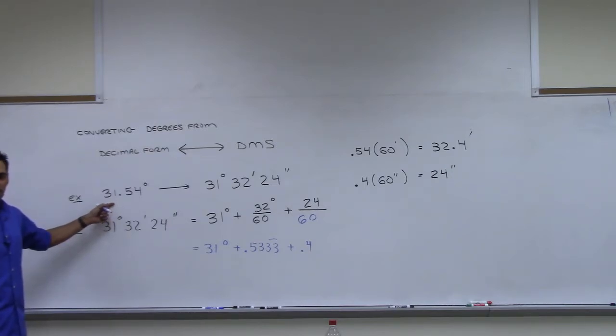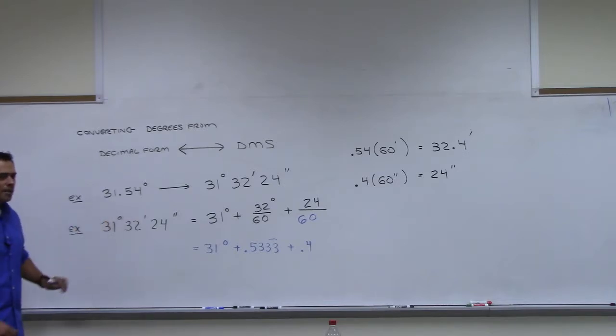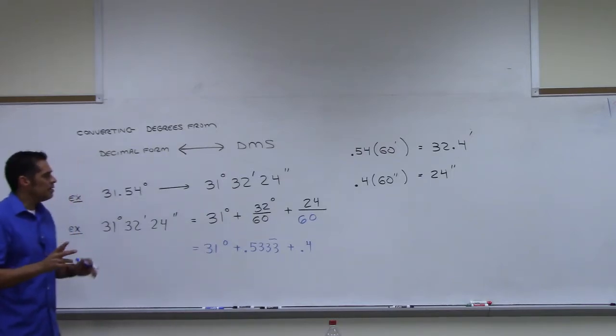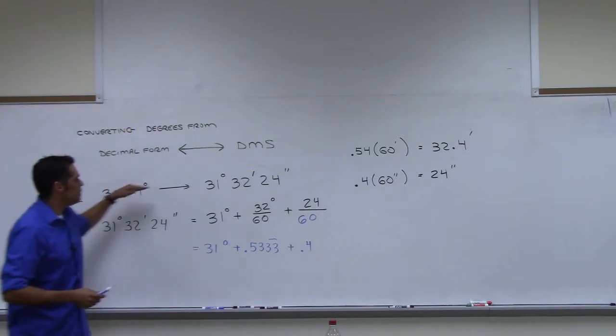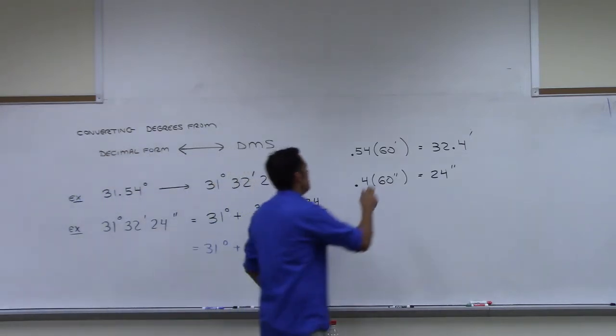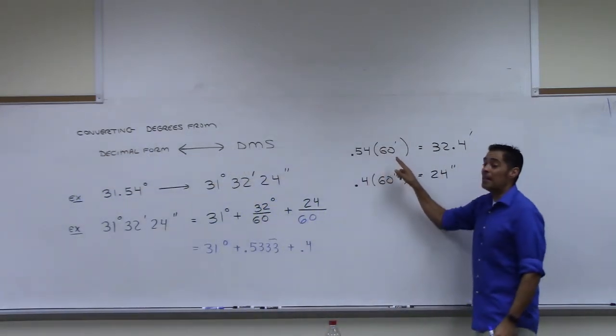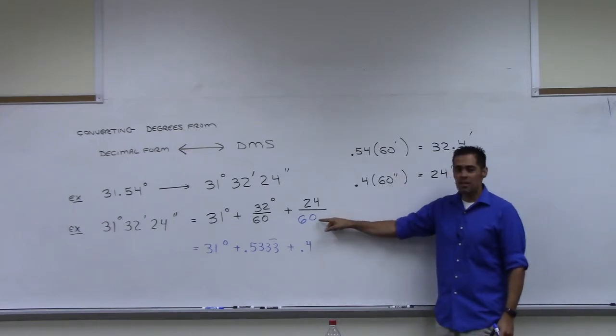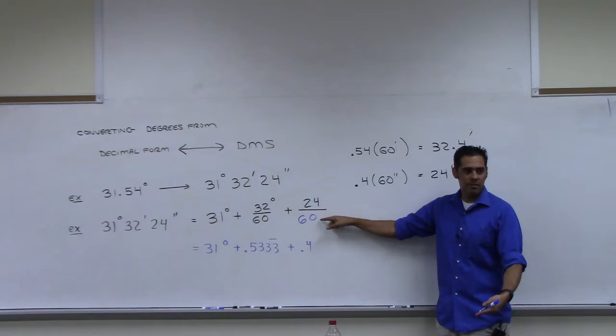If you add those up, is it this? No. Something's off. So we're not going to divide by 60. We're actually going to divide by 3,600. But why? Think about what we did when we went from here to here. Didn't we multiply by 60? Yes. And then again by 60? So that means we have to divide by 60 twice, which means 3,600 here.